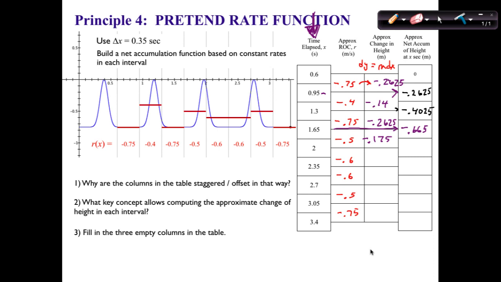So this table is creating the net accumulation function based on constant rates in intervals of 0.35 seconds. Given any time, it tells you how much the height has changed since 0.6 seconds.